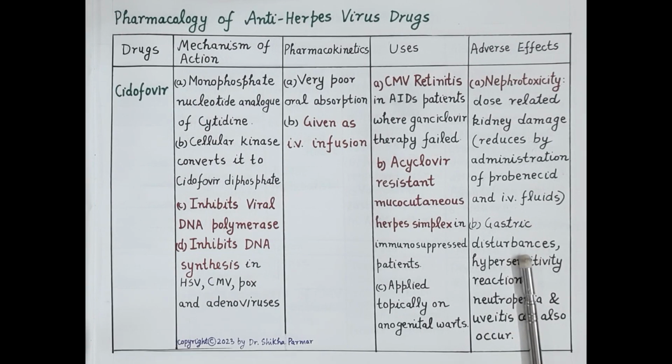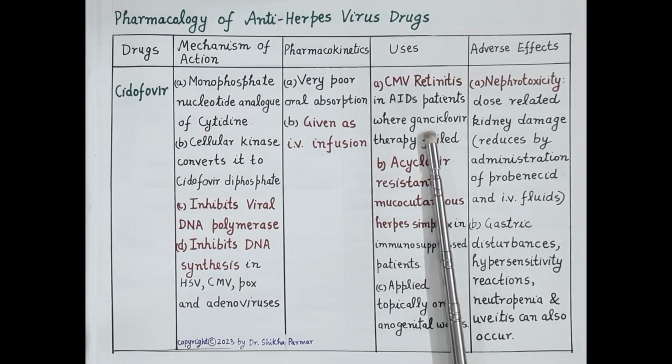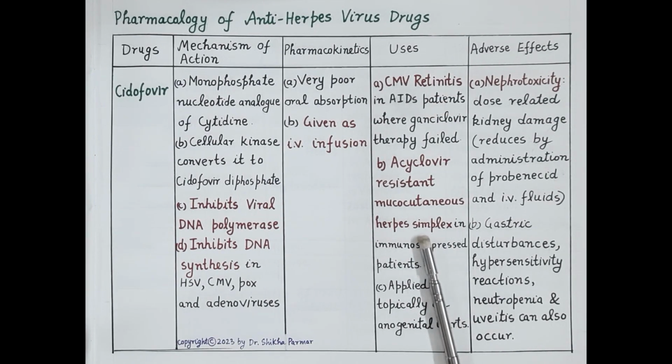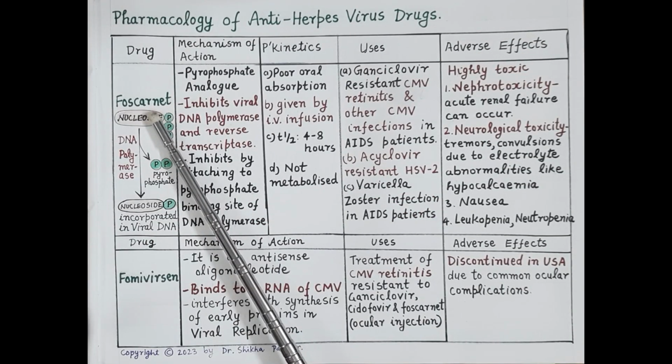Then gastric disturbances, hypersensitivity reactions, neutropenia and uveitis, that is inflammation inside the eye, can also occur. So again, important to remember that Cidofovir is used in the treatment of Ganciclovir resistant cytomegalovirus retinitis and Acyclovir resistant mucocutaneous herpes simplex.